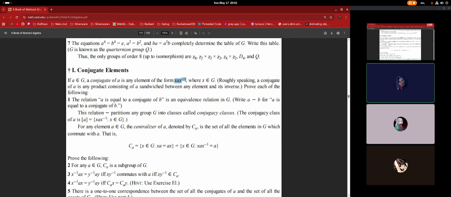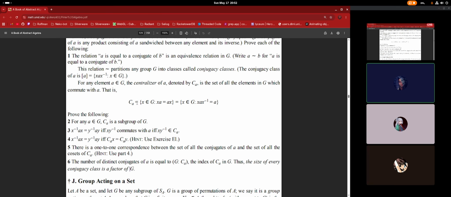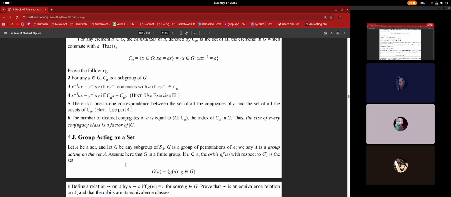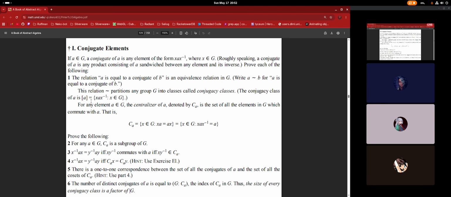Whatever this is. So yeah, this is where we talk about equivalence. This is where we do the glue with equivalence relations, isn't it? Or is it the J one? Maybe it is the J one. But oh yeah, this relation tilde partitions any group G into classes called conjugacy classes, which can be written this way. For any element A in G, the centralizer of A, denoted by this, is the set of all the elements in G which commute with A.